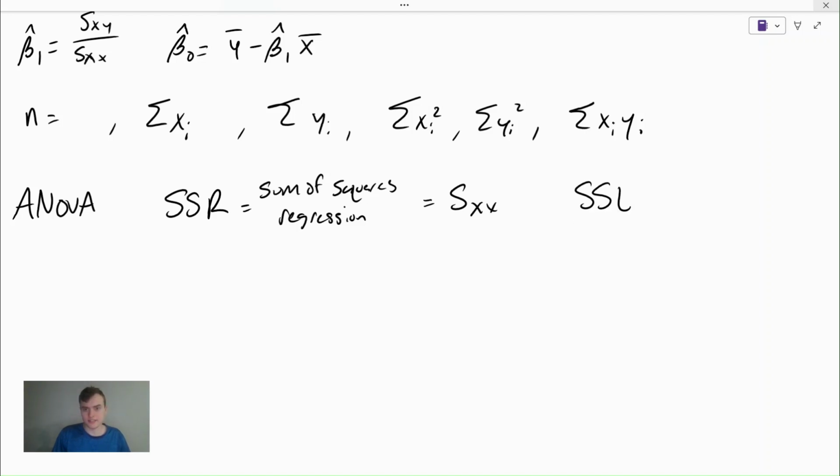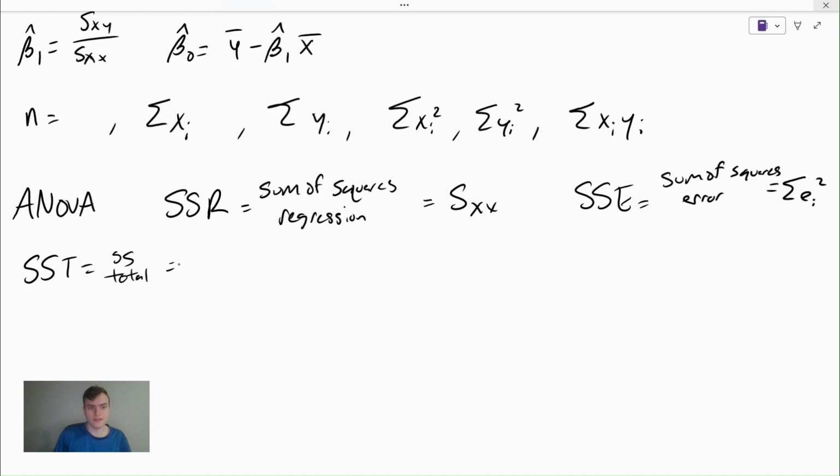And SSE is the sum of squares error, which is our loss function, taking each error and squaring them. And then SST equals sum of squares total, and that's the same as Syy.